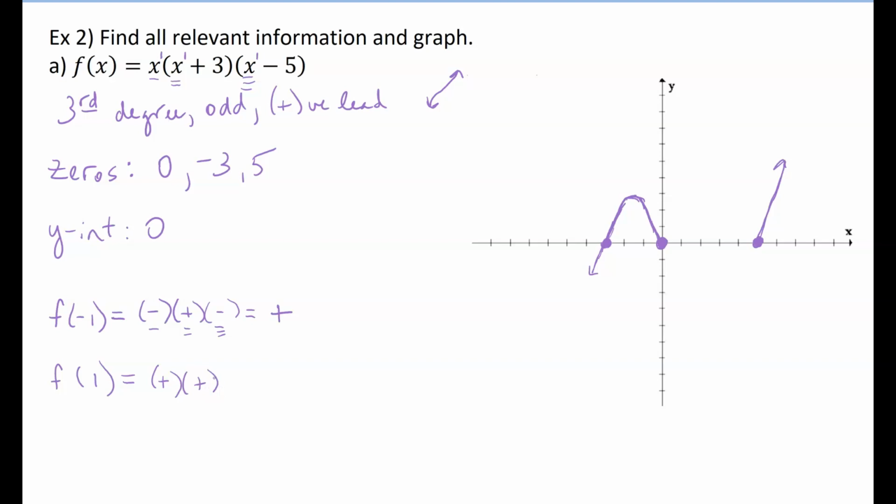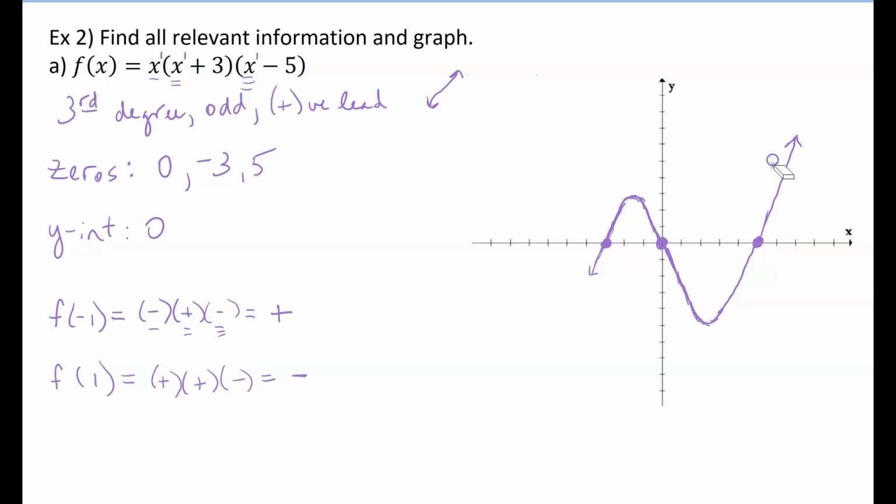And for the next one, 1 minus 5 is a negative. I have positive times negative, and that is a negative. Which means in between, I should go down, and what's going to happen? It's going to turn around at some point and go back up and go through.